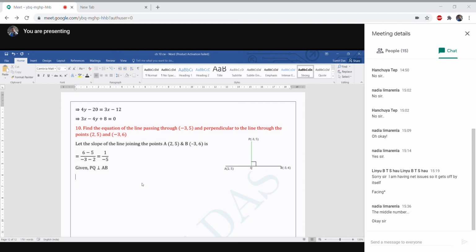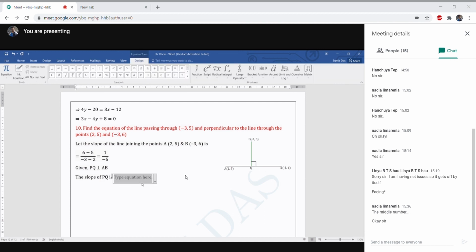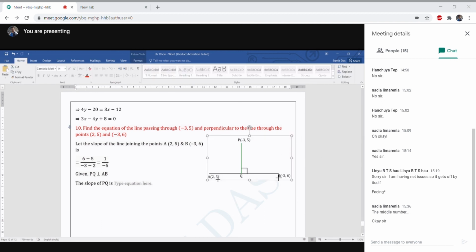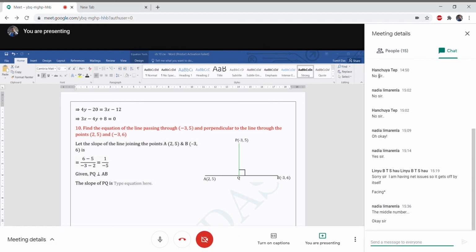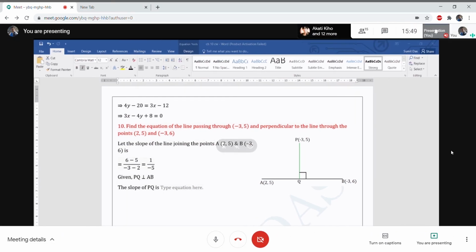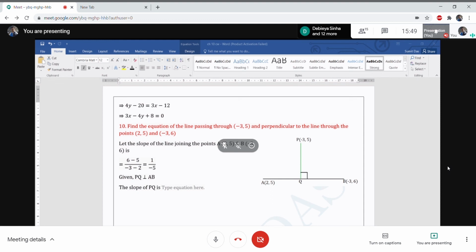So the slope of PQ is, can anyone tell me what is the slope of PQ? We got the slope of AB as minus 1 by minus 5. So what will be the slope of PQ? Anyone? This is all basic, we just discussed in the first day.